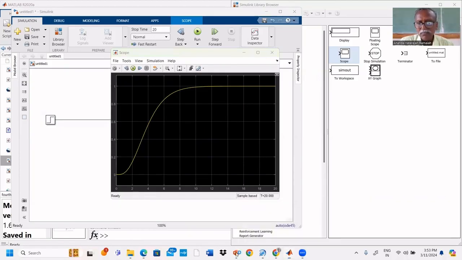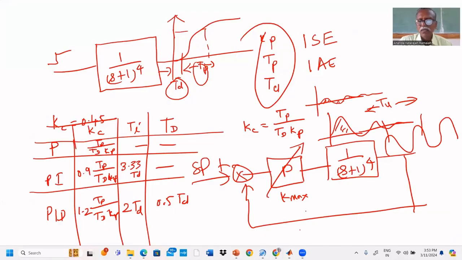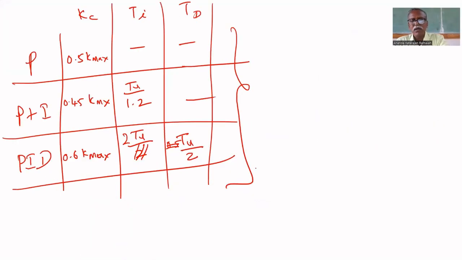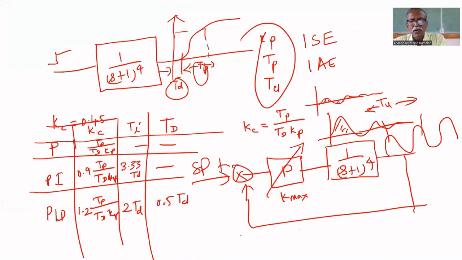I know the values now, so I'll find the tuning parameters by the reaction curve method. Kc equal to what, for a P only controller? Tp plus Td, the total time taken to reach 63.2%, is 4.35.